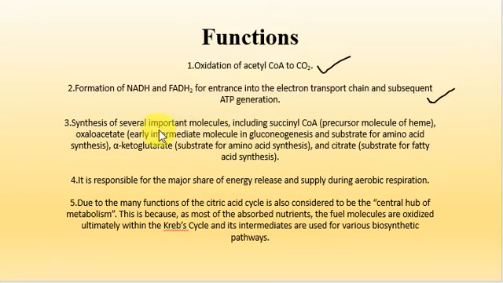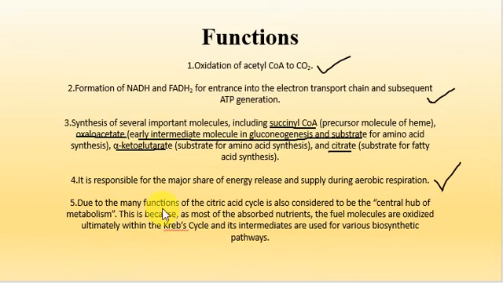Then synthesis of several important molecules we have seen in the cycle, like succinyl coenzyme A, oxaloacetate, alpha ketoglutarate, and citrate. How they form is given in the brackets. It is responsible for a major share of energy release and supply during aerobic respiration.